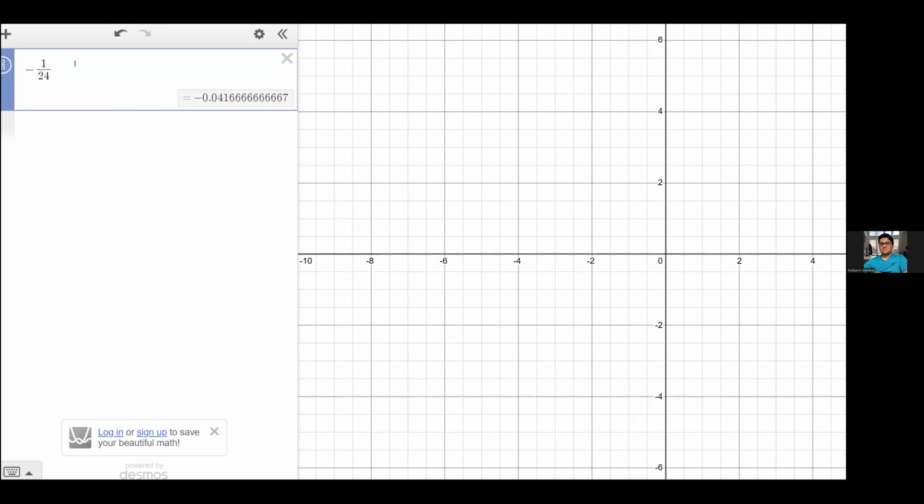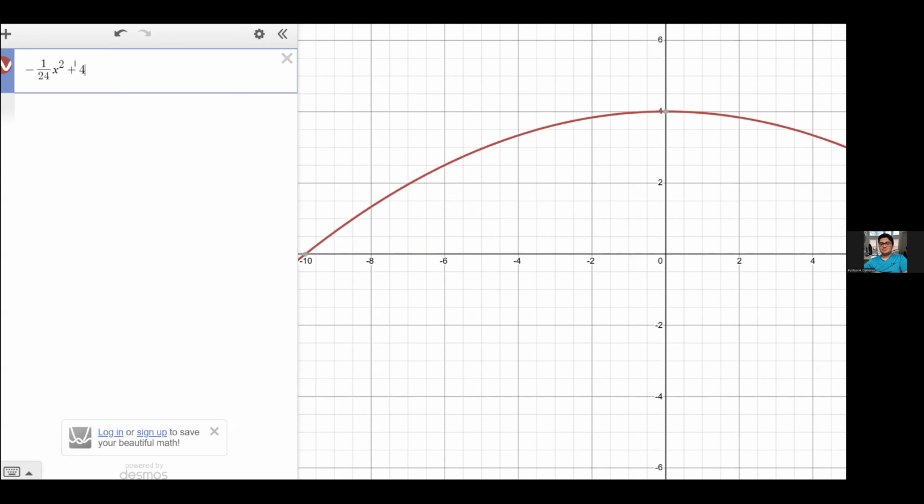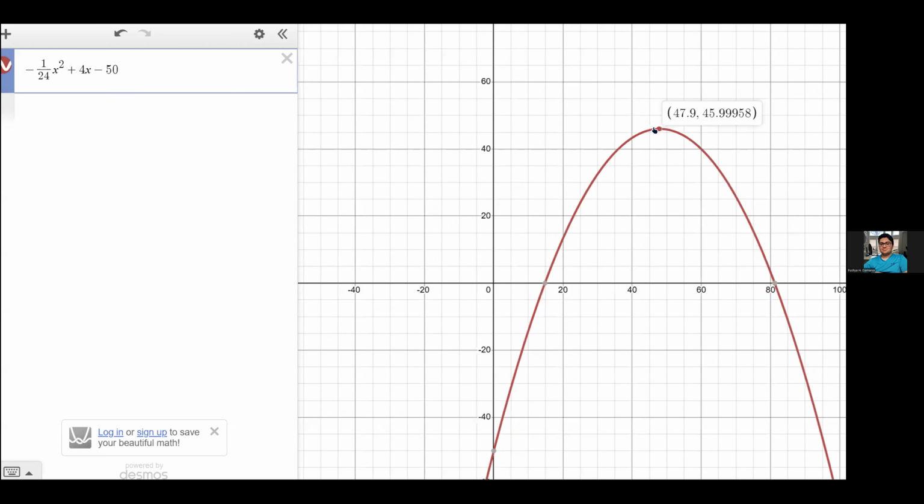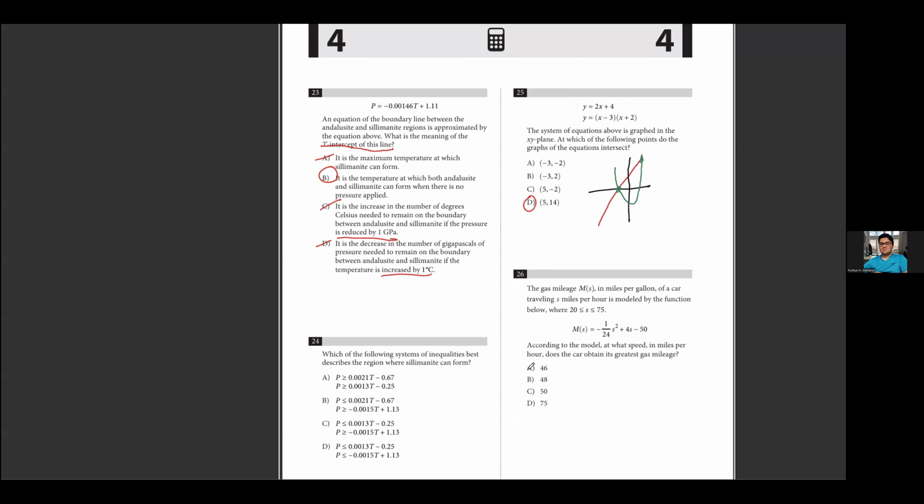And this is our graph that we get. We have a peak at x equals 48. So that is our highest point.